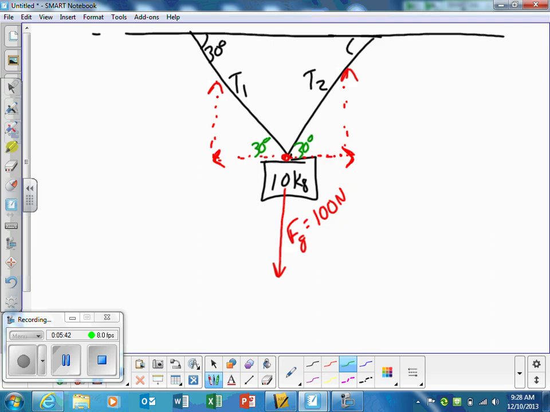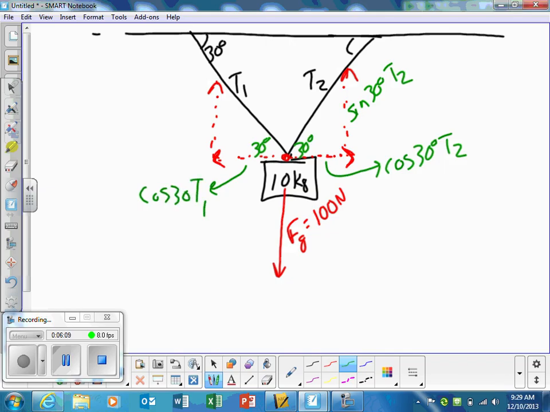So I can define this side right here as the sine of 30 times T2. I can define this side here as the cosine of 30 times T2. And that's probably the first thing you're going to want to do with all my problems, is just define these sides and write it down. This one is the cosine of 30 times T1. And this is the sine of 30 times T1. Okay, you agree with that?